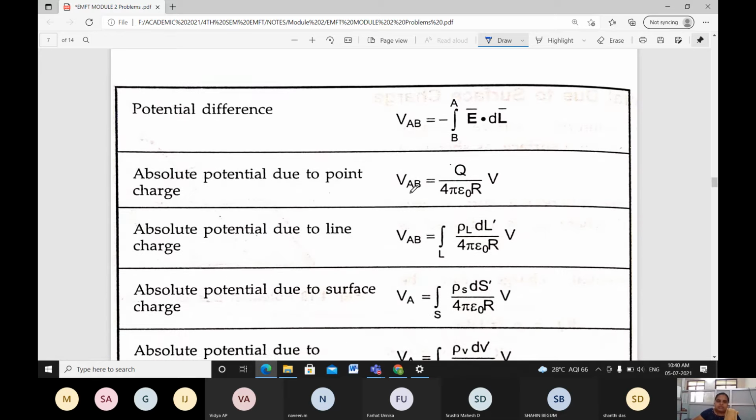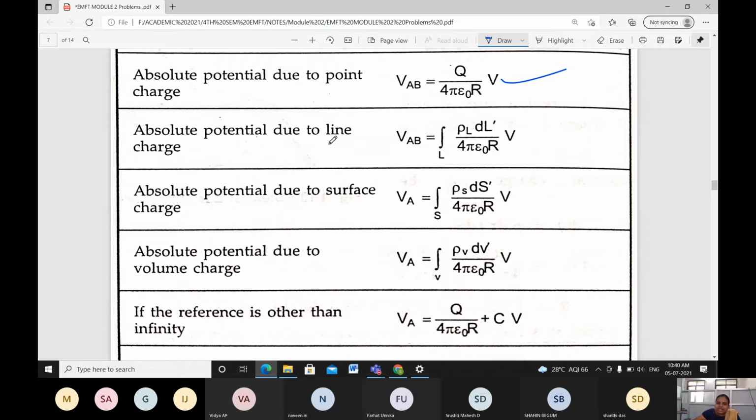Next, these are some formulas that you will be using for the next problems. The potential difference is in integral form: VAB is equal to minus integral from B to A, final to initial, of E dot dl. Then absolute potential in terms of a point charge is Q divided by 4 pi epsilon naught into R. Whatever problems we did in the previous case are for the point charge.